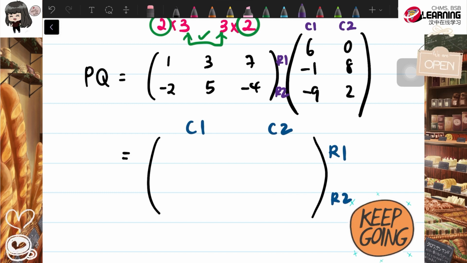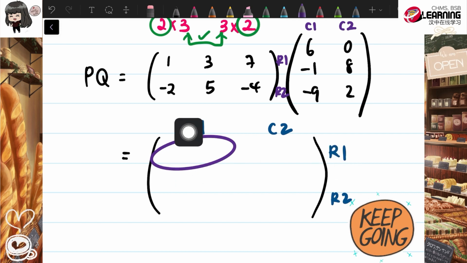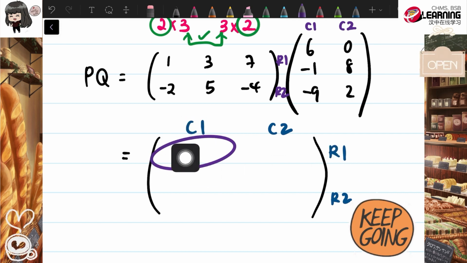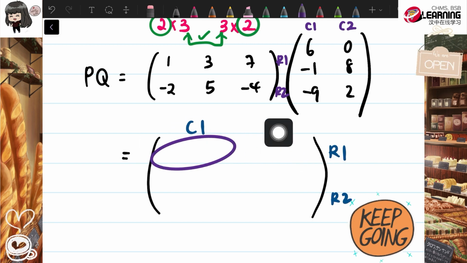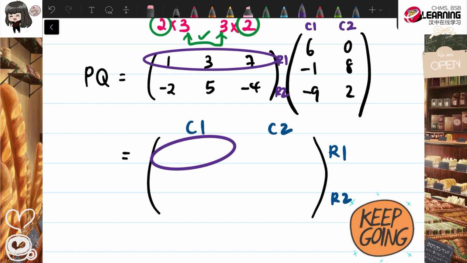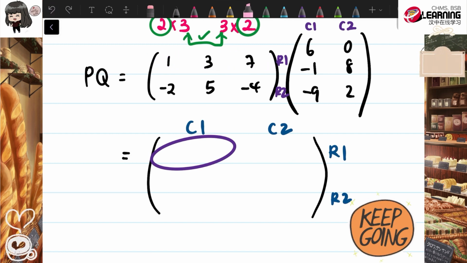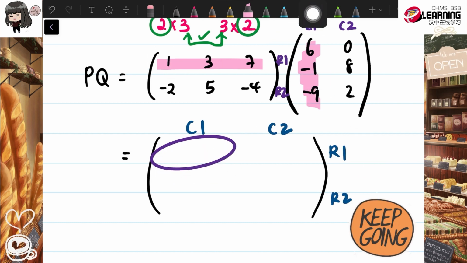So your first answer here must be coming from your row 1 and column 1. So if row 1 and column 1, we focus on this row. Maybe I can use highlight. First row and first column.